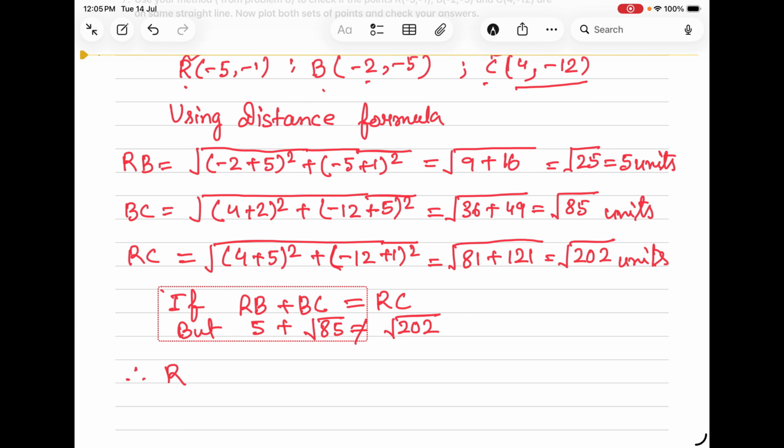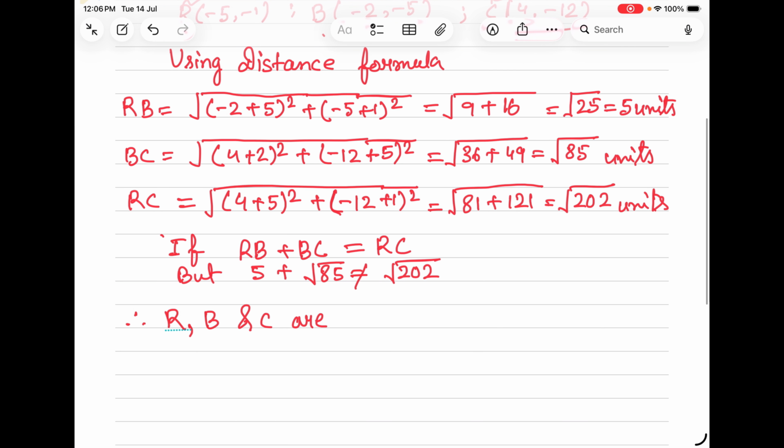Therefore, R, B and C do not lie on the same straight line. This is our answer.